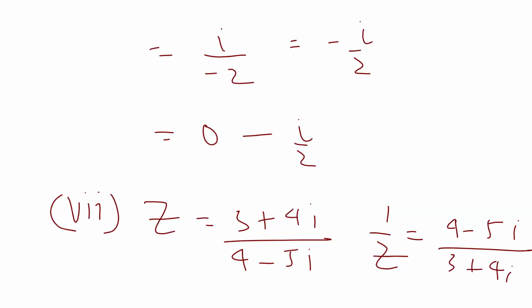So we have a proper format of a complex number in the denominator. So we are going to take the conjugate of the denominator in the numerator as well as the denominator. Multiply and divide with the conjugate of the denominator.